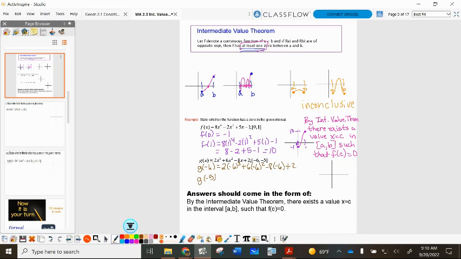Okay, negative 6 cubed is negative 216, and that times 2 would be negative 432.